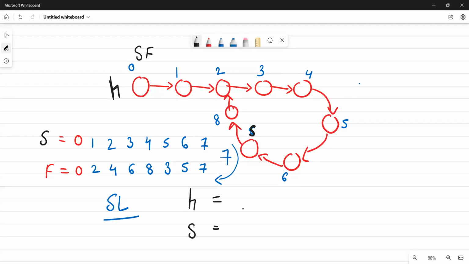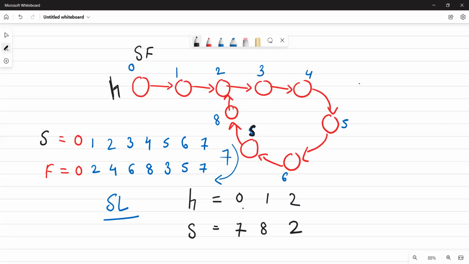Initially head is at 0, slow is at 7. Head will move to 1, slow will move to 8, head will move to 2, and slow will also move to 2. But right now it just collided.